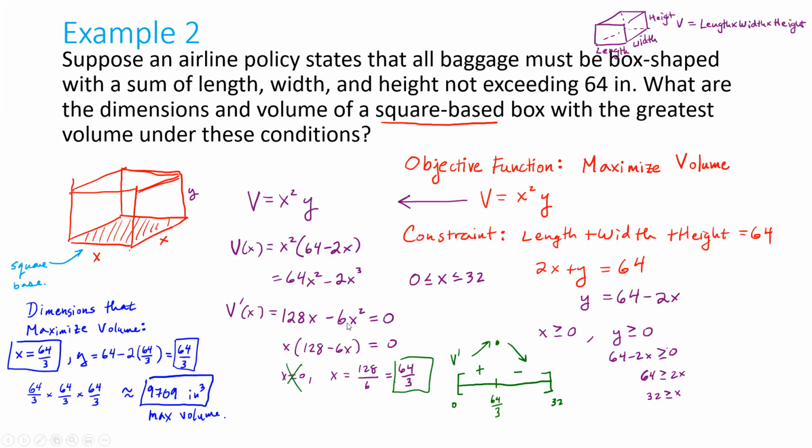You just take the derivative and set it equal to 0. And we know that that must be where our maximum value occurs, since here we get that single critical point on our interval from 0 to 32. So that must be where our maximum value occurs, hence the optimal solution there would be when x is 64/3.